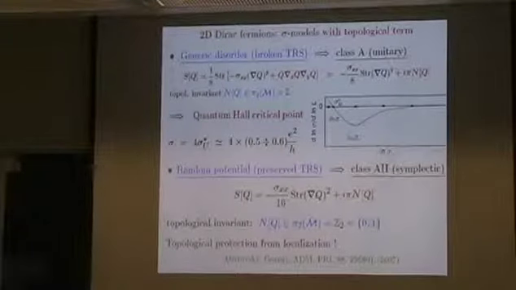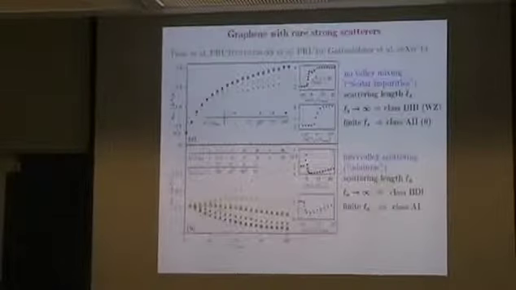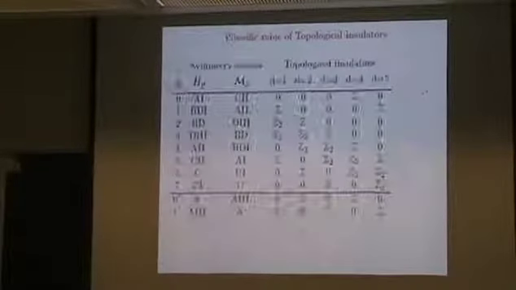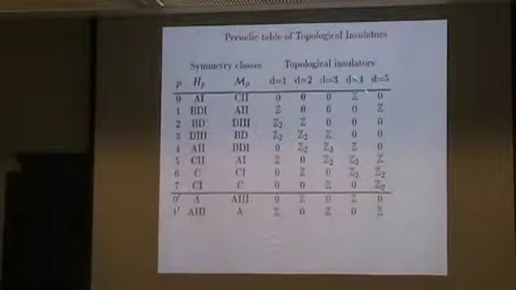And therefore, there is a 3-dimensional topological insulator in this symmetry class, because in 2D you can protect states from localization. Now all these homotopy groups are known, and this yields the famous table of topological insulators.